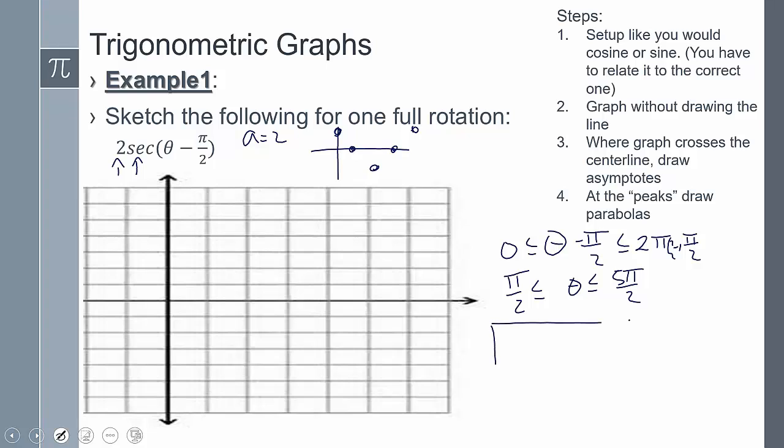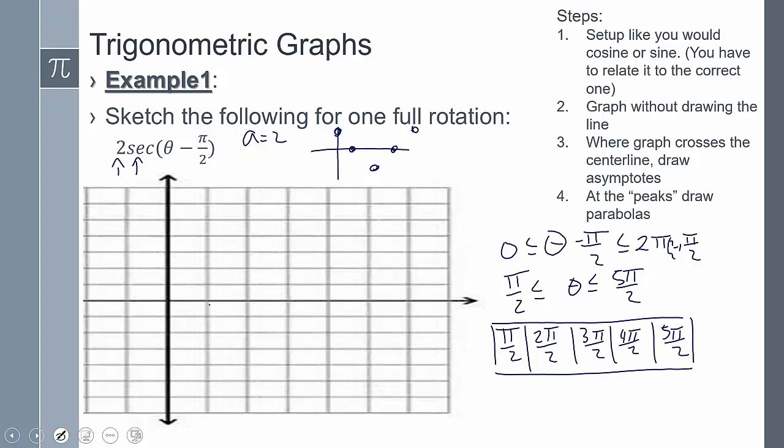So now we can do our box thing. But remember, however you want to draw that, all I'm doing is just finding x values. So this is my new starting x value, pi halves, my new ending x value, which is 5 pi over 2. Add them together, divide by 2, so you get 3 pi over 2. Add them together, divide by 2, you get 2 pi over 2, and then 4 pi over 2.